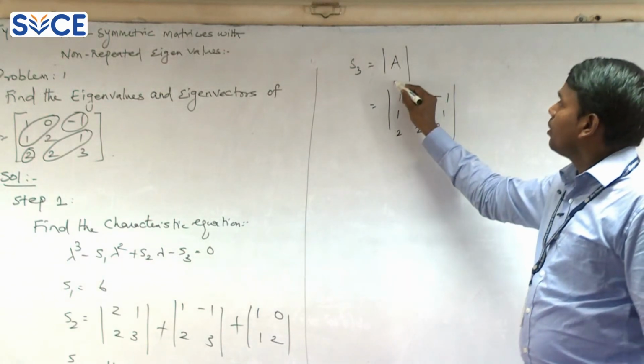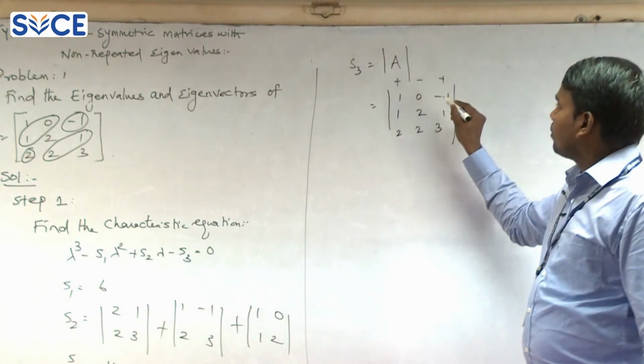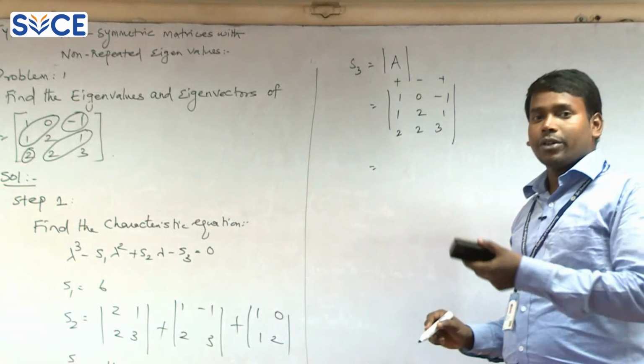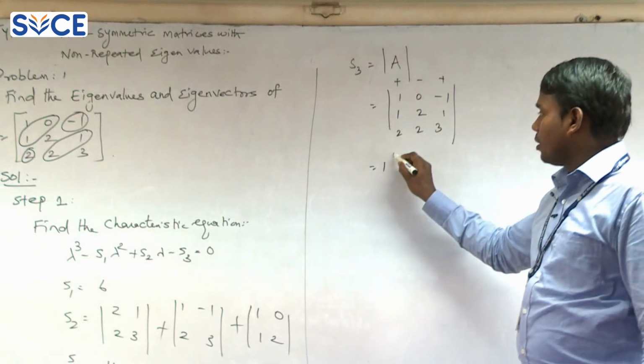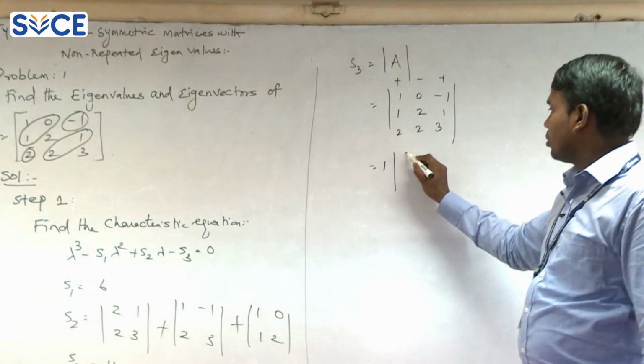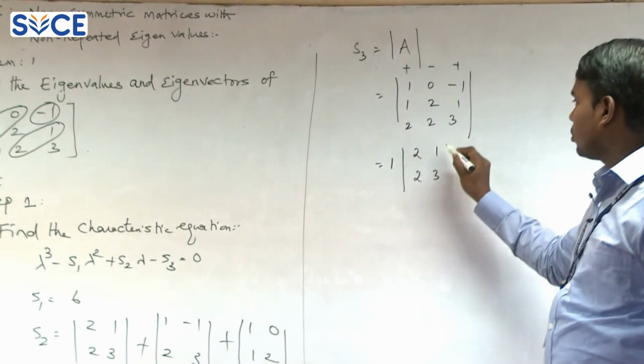First fix the signs plus, minus, plus. Now we are going to convert the 3 by 3 determinant to 2 by 2. So first term 1, and the minor elements are 2, 1, 2, 3.